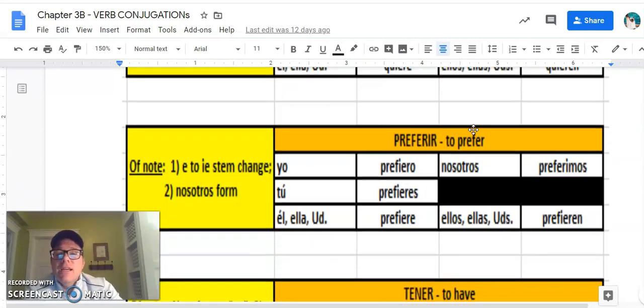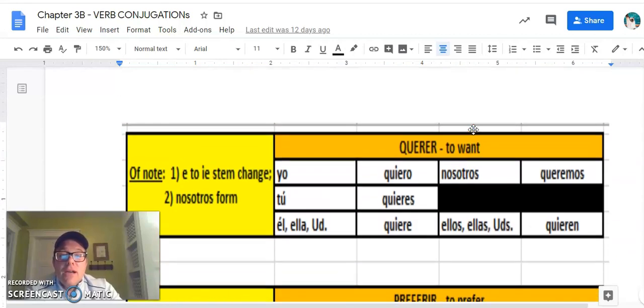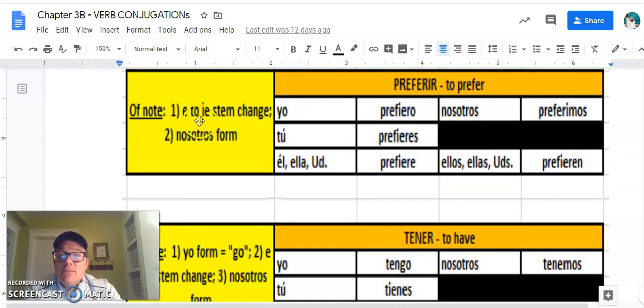Let's take a look at preferir. The exact same thing happens with preferir as did querer. It is a stem changer, and we're going to drop off the IR. Normally, if this was a regular verb, our stem would be P-R-E-F-E-R, prefer. However, in the case of this one, the stem changes. Our stem is not P-R-E-F-E-R, it is instead P-R-E-F-I-E-R. So our yo form, prefiero, our tú form, prefieres, él, ella, usted, prefiere.